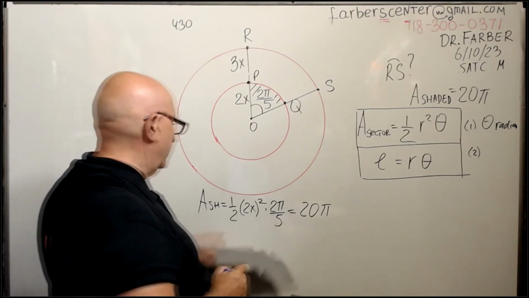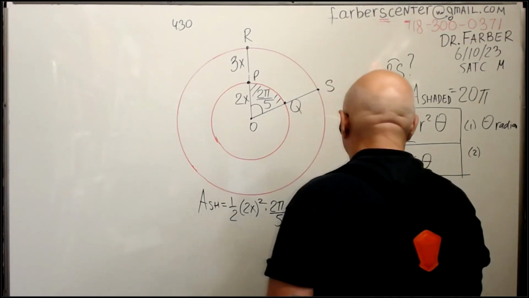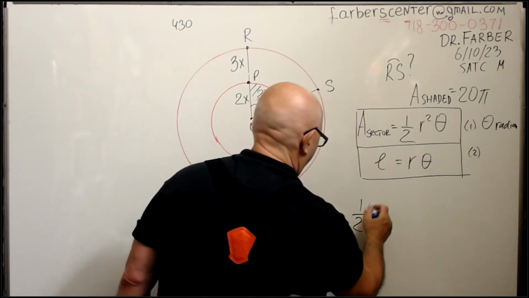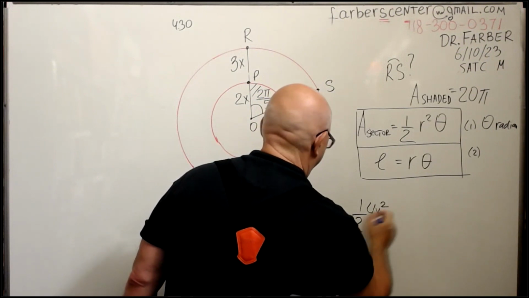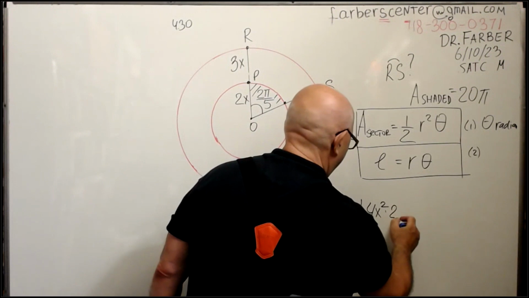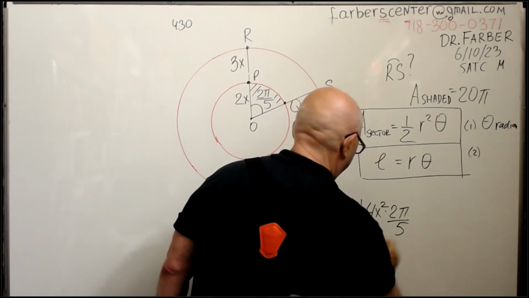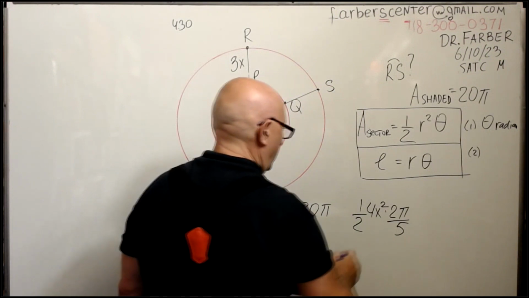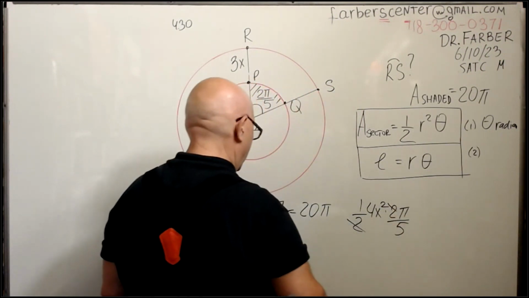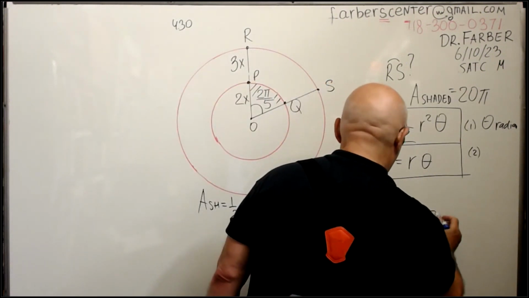Or let's simplify a little bit. 1/2 or 4x squared times 2 pi over 5. So cancel out this. And this equals 20 pi.